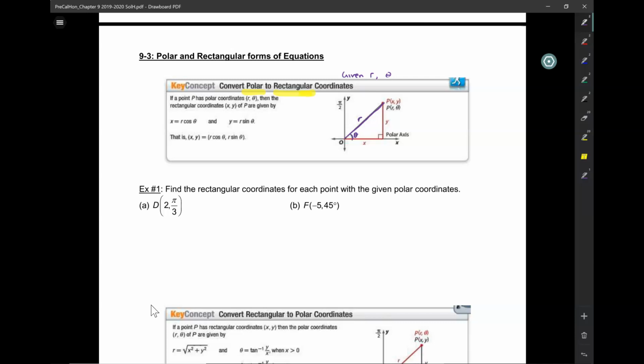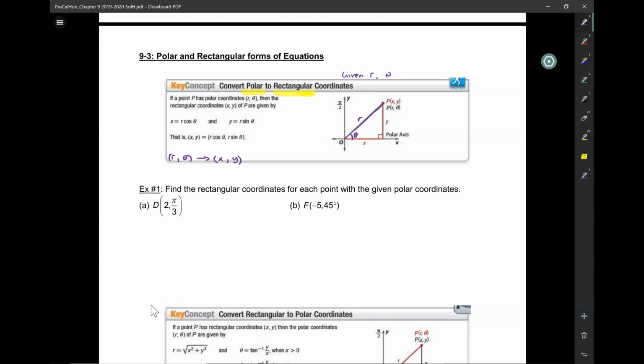Now, can you come up with an expression for x, and can you come up with an expression for y? So basically, what we have is coordinates r comma theta, and I want to write them as x comma y, okay?